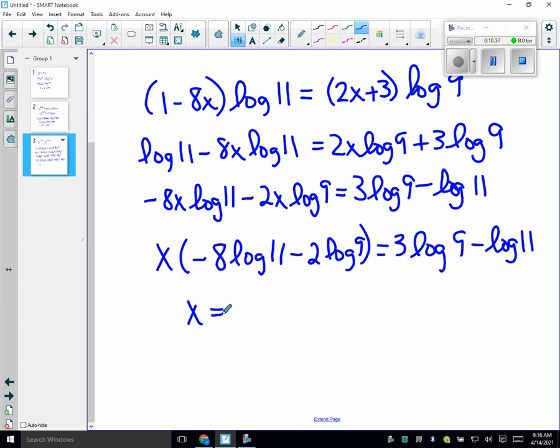Negative 0.1779. Taylor, hold your calculator up. Straight up. Cadence is trying to see what you put in to make sure she did it right.